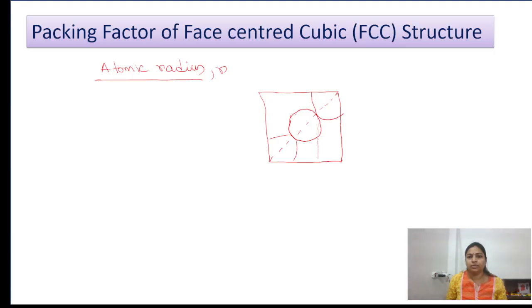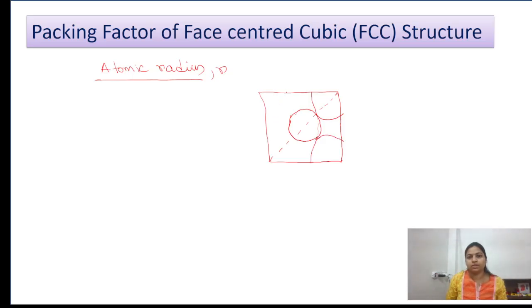This will also be connecting the corner, and it should touch.